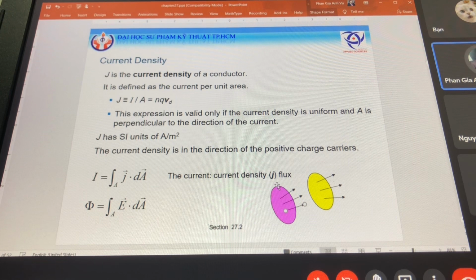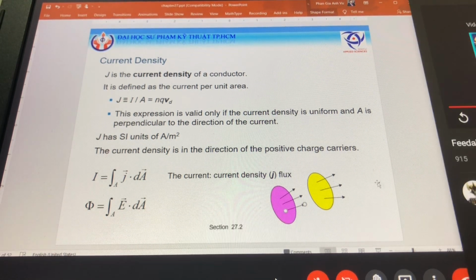So I can say, okay, they can be the same, not bigger, not smaller. The flux can be the same, regardless of the area. Remember that in Gauss's law. Okay, so very well. I'm very happy.